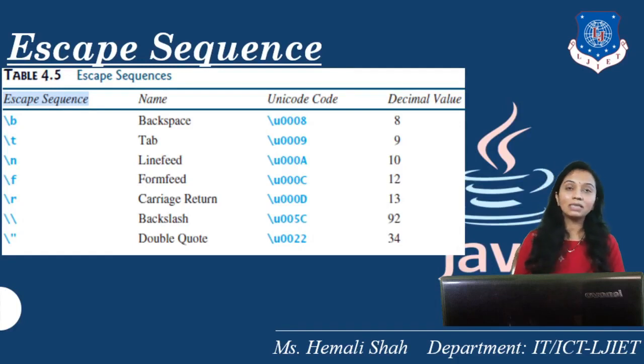This backslash b basically is used to represent the backspace, and all these characters have some Unicode value as well as some decimal value, right? Many of these escape sequences you already know. If you want to print the double quotes, you have to use a backslash and then the double quotes.